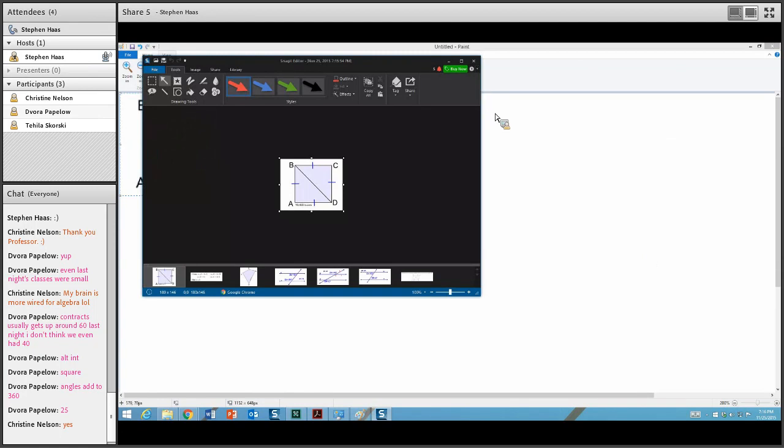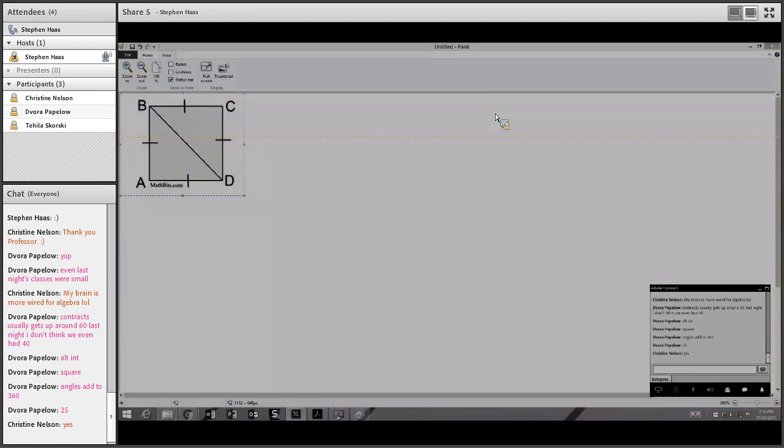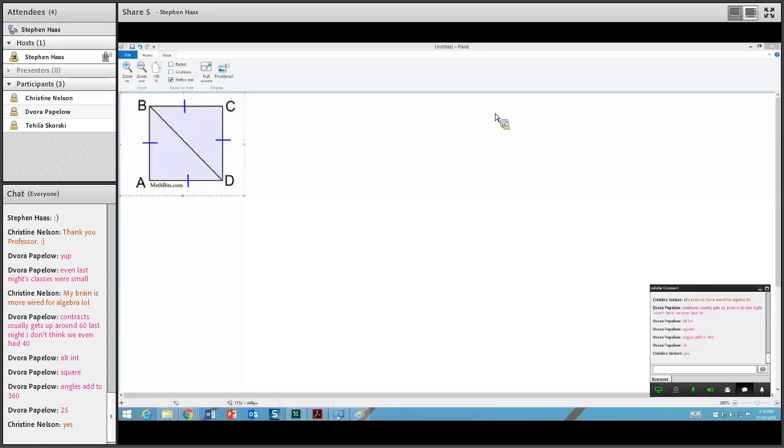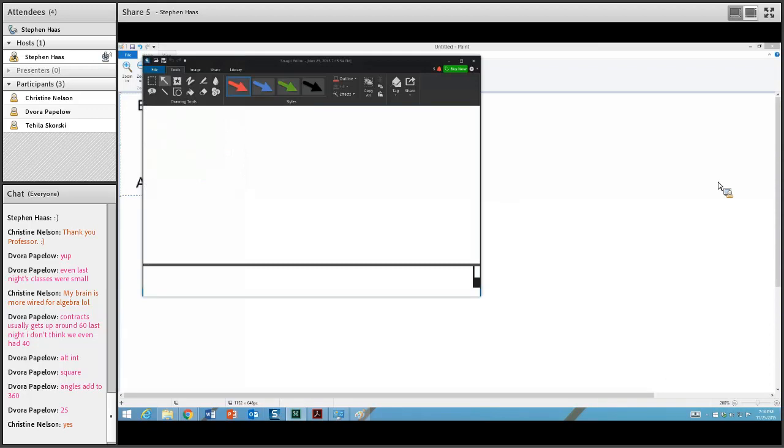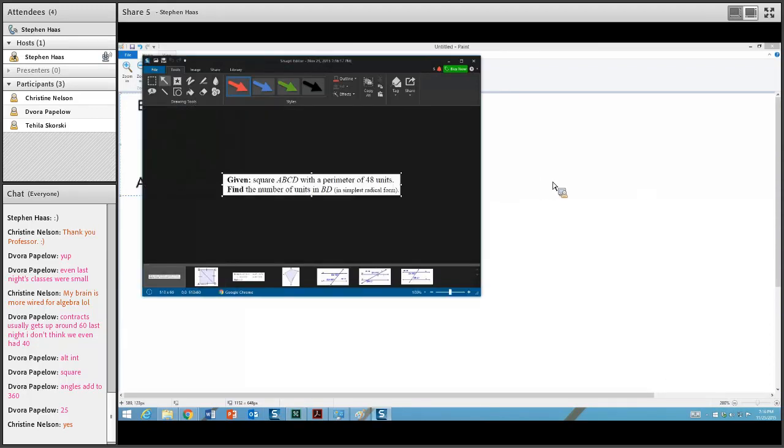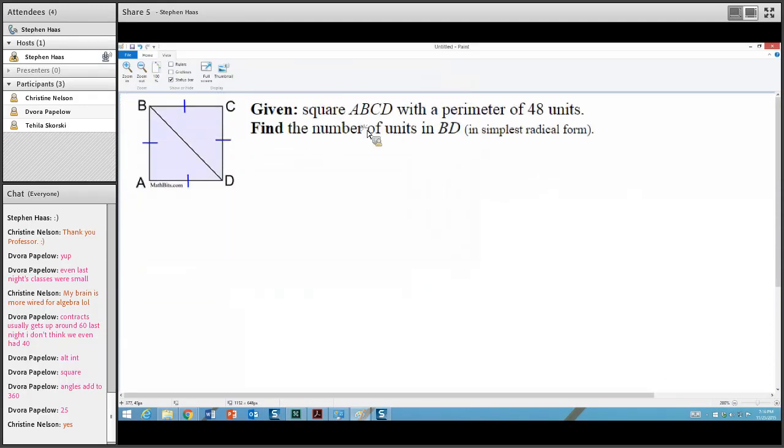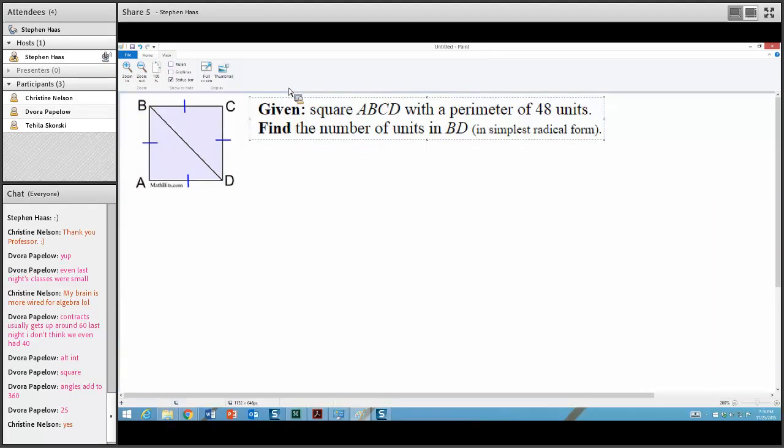And what are we given? Given square ABCD with a perimeter of 48 units, find the number of units in BD.